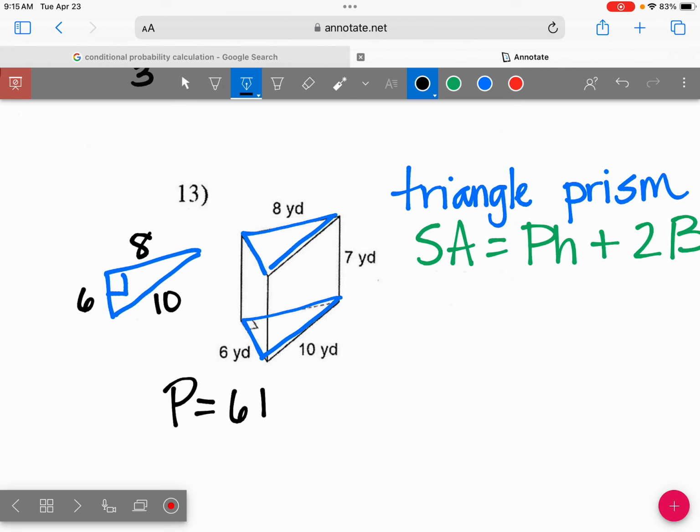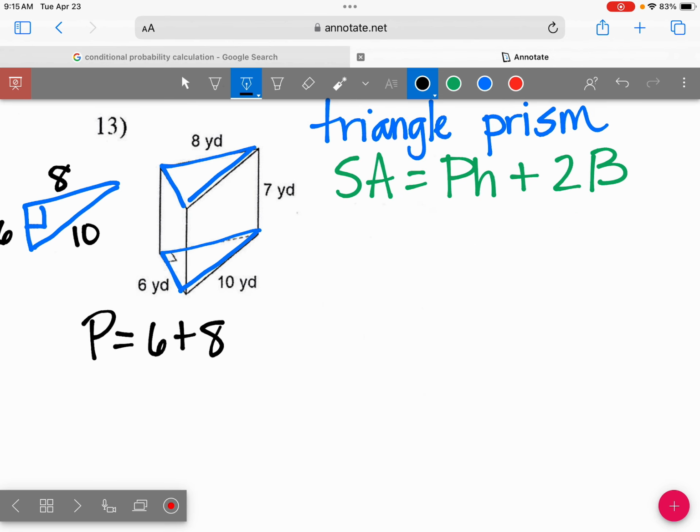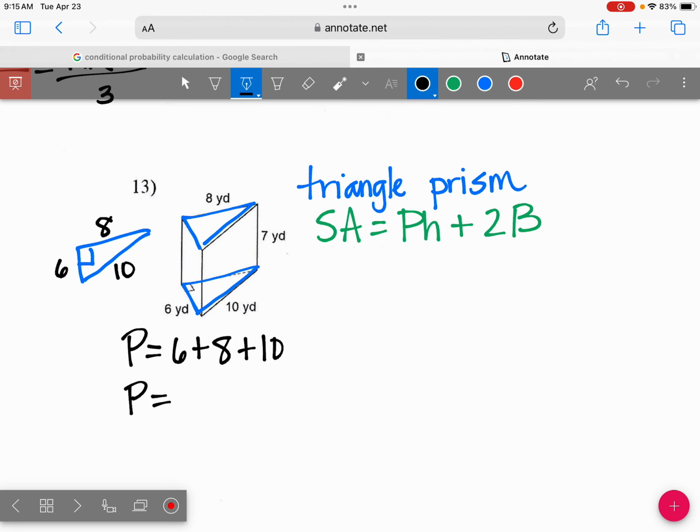So add 6 plus 8 plus 10 to get your perimeter. What is 6 plus 8 plus 10? 24.